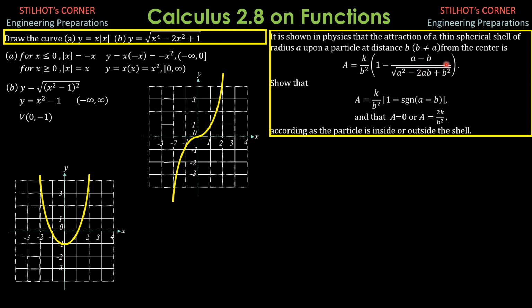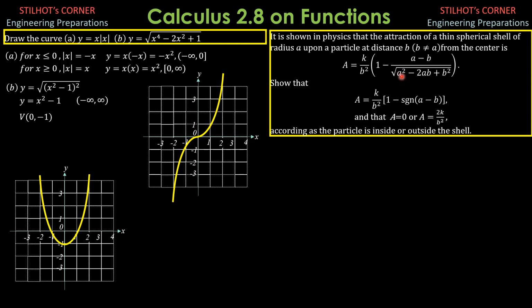But a minus b can be 0. So A is k over b squared, quantity 1 minus a minus b all over the square root of a squared minus 2ab plus b squared. Show that A is k over b squared, quantity 1 minus signum of a minus b, and that A is 0 or A is 2k over b squared according as the particle is inside or outside the shell.